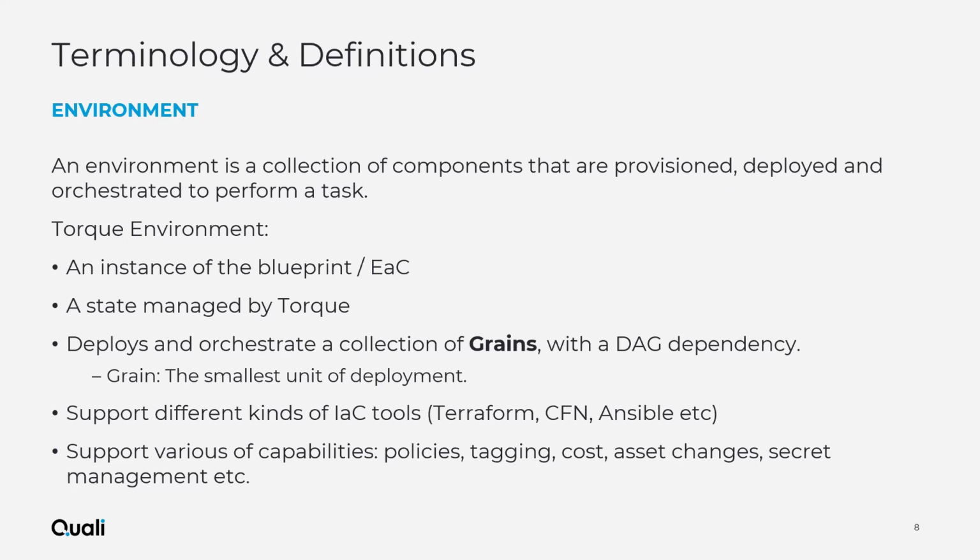Okay, you can allow users to provision only specific resources, and also a policy at the level of what actions I can do in Torque, approval requests, tagging, which obviously helps a lot to tag your resources in the cloud for management, cost, etc. Asset changes, as I talked about, is how we keep track of code changes in your repository, and we can tell you that your code has advanced and now you can update it. The code is now deployed in the environment. Secret management, credential management, and all the layers that you get from Torque when you deploy the environment.